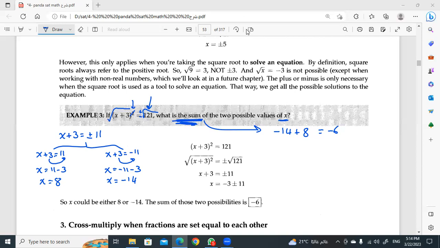And with a parabola, at any point you may get two solutions. So I'm sure from the question itself that he is asking for the sum of two possible values of x, so I have two values of x.